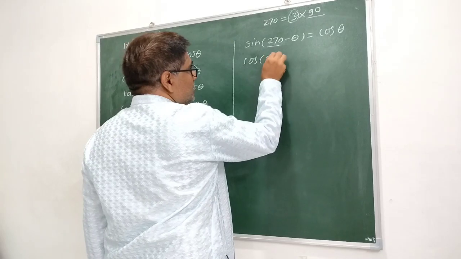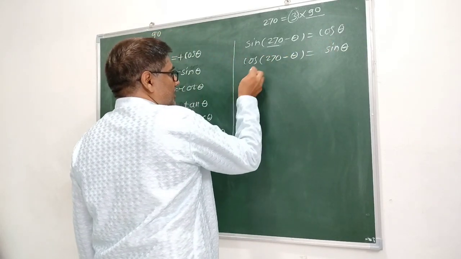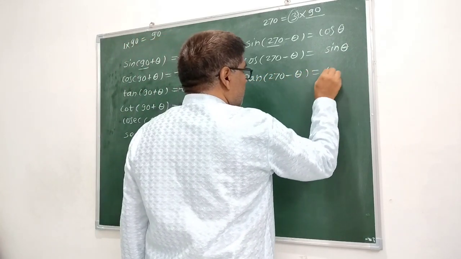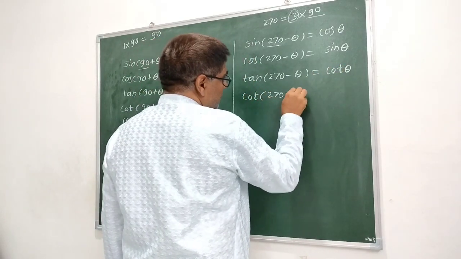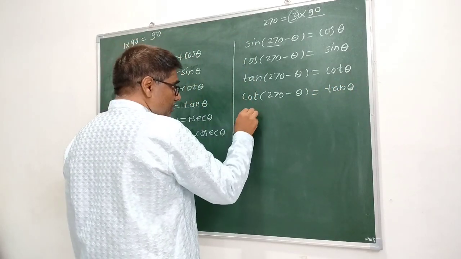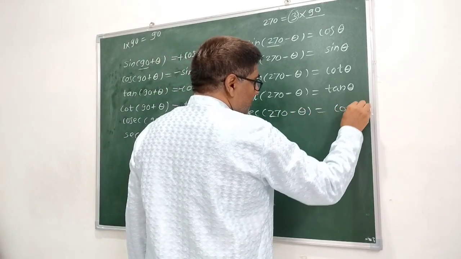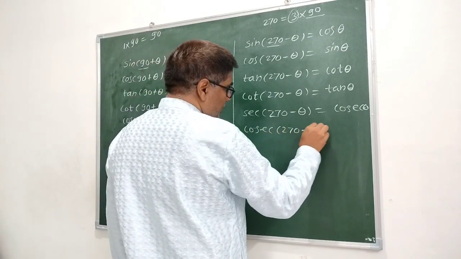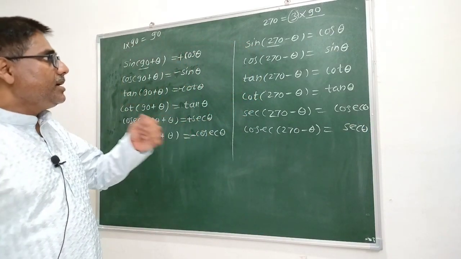Cos of 270 minus theta is equal to sine theta. Then tan of 270 minus theta, it will be cot theta. Cot of 270 minus theta equal to tan theta. Then sec of 270 minus theta is equal to cosec theta, and cosec of 270 minus theta is equal to sec theta. Now let us decide the sign.